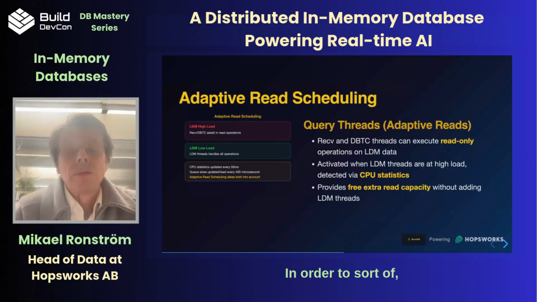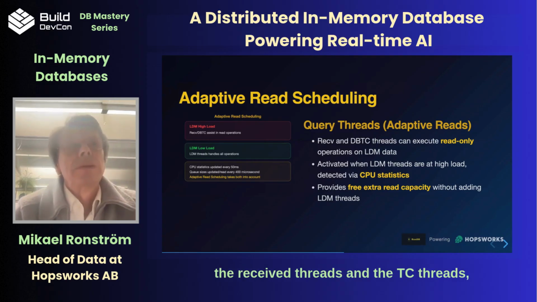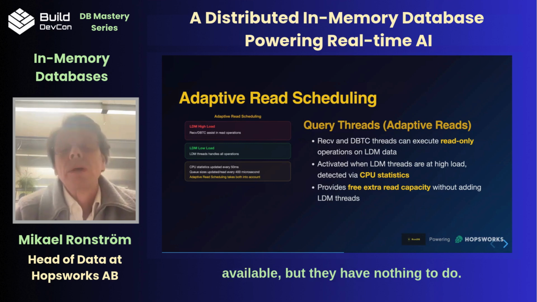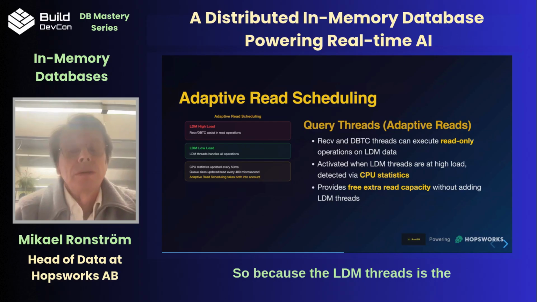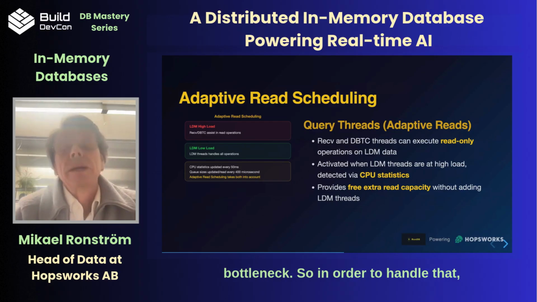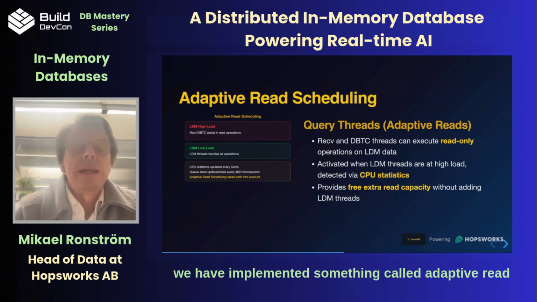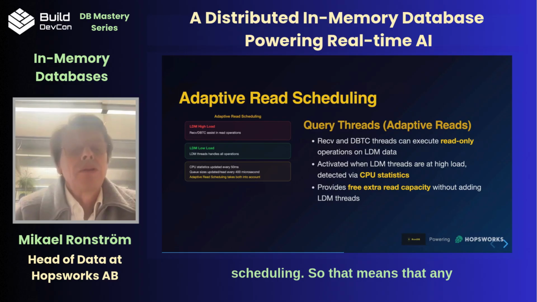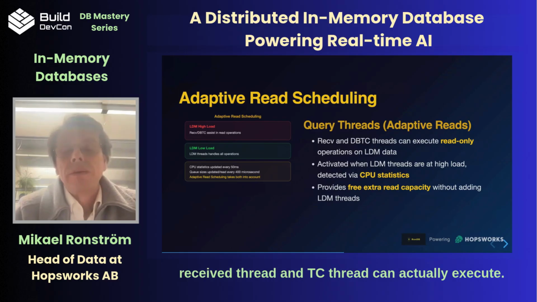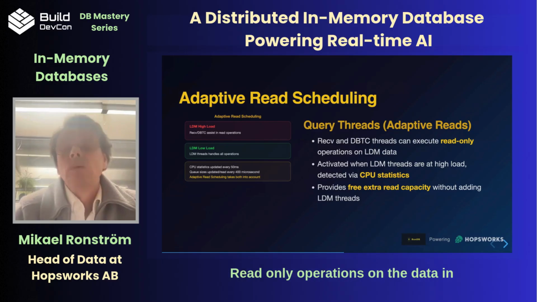This whole thing means that often the receive threads and the TC threads sometimes have CPU available, but they have nothing to do, because the LDM threads are the bottleneck. So in order to handle that, we have implemented something called adaptive read scheduling. That means that any receive thread and TC thread can actually execute read-only operations on the data in the LDM thread.